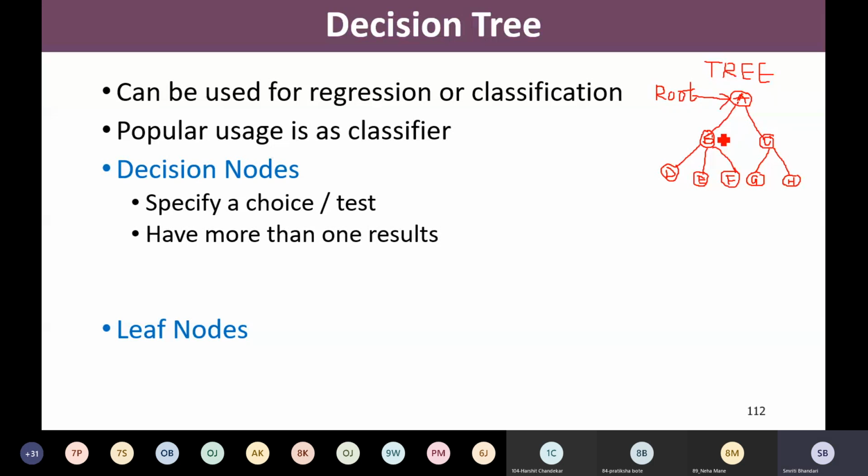Based on the number of values, we have that many children for that node. Say for example, if for this node A I have two values, yes and no, then I'll have two children for this node. One towards the yes link and another towards the no link.